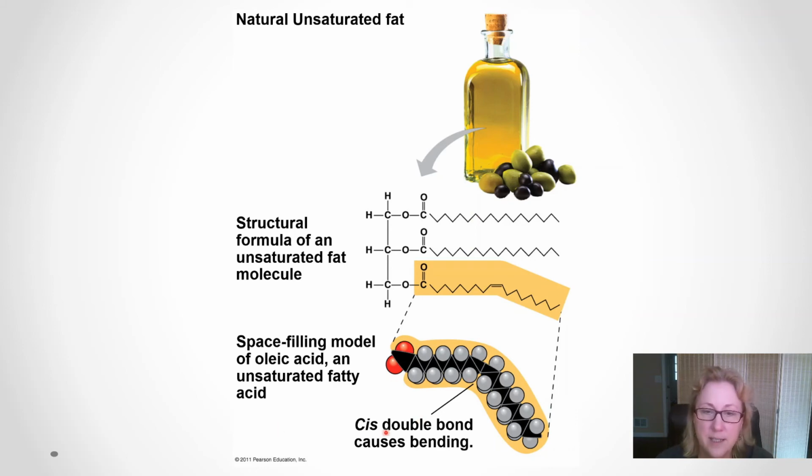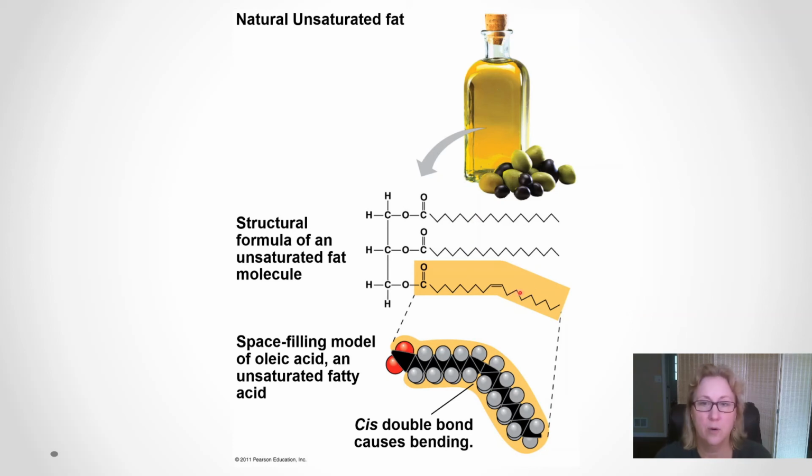So in a cis double bond, the two next carbons are pointing in the same direction. So we have our double bond, and the two next carbons are pointing in the same direction. That's a cis double bond, and that's what most natural unsaturated fats have, and that's what makes them liquidy.